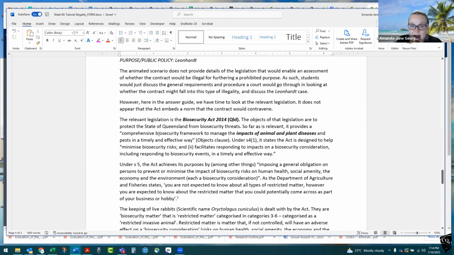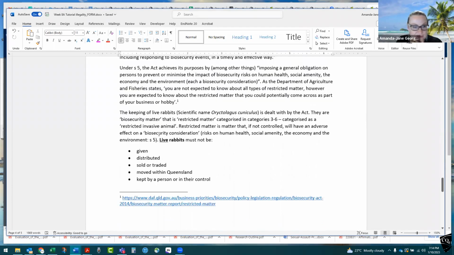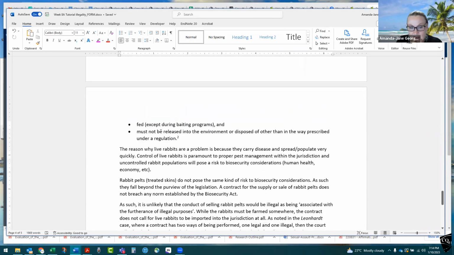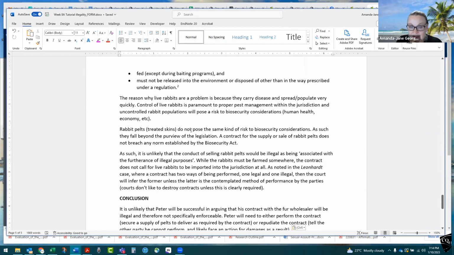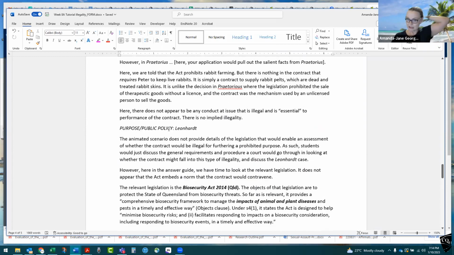But again, if you had the Act in front of you, you would come to the same conclusion. There's nothing in there about pelts. Rabbit pelts don't pose the same kind of biosecurity risk as live rabbits do. They'd fall outside the object and purpose of the legislation, and therefore the contract would still be valid. So I think at the end of the day, dear old Peter would be stuck with his contract.